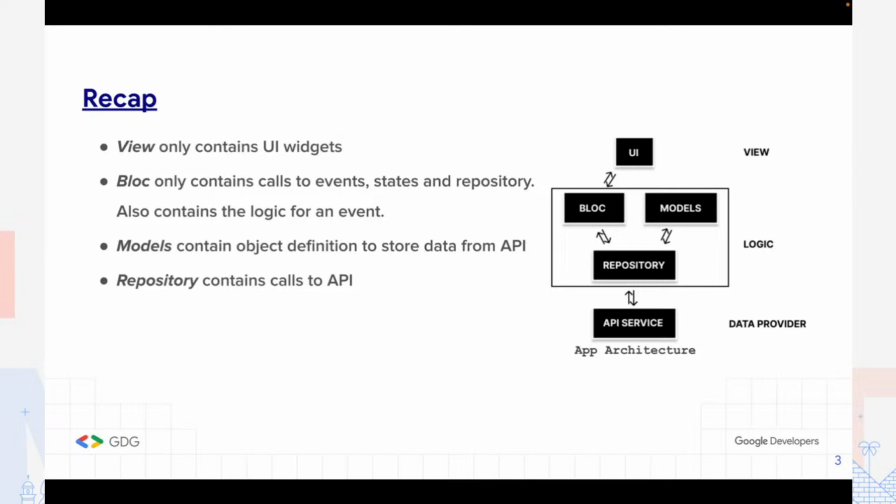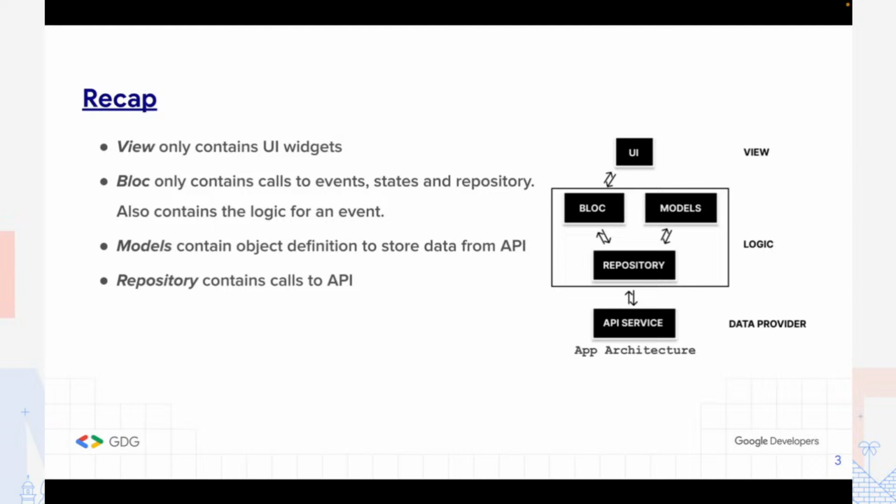And data provider is where the APIs are stored. So our interest here is in view and logic. If you see here, logic has three components: Bloc, models, and repository. All of these are responsible for the logic of the application. That is the reason they have been clubbed into one layer.